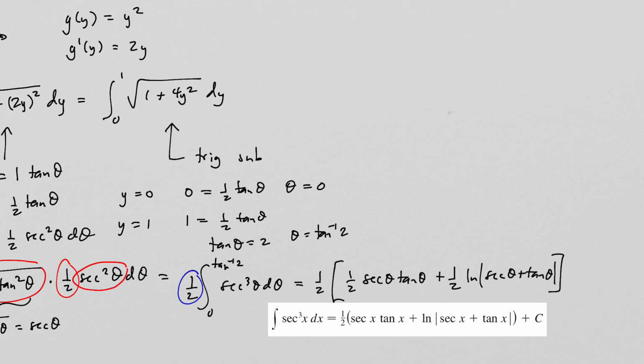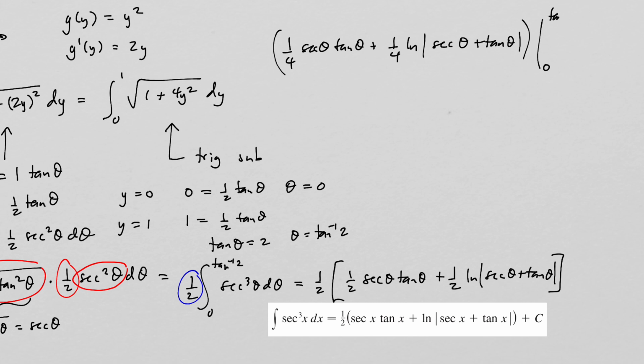And so if we multiply out the 1/2, we get 1/4 secant theta tangent theta plus 1/4 natural log of the absolute value of secant theta plus tangent of theta. And then we have to plug in our limits, which go from 0 to inverse tangent of 2.